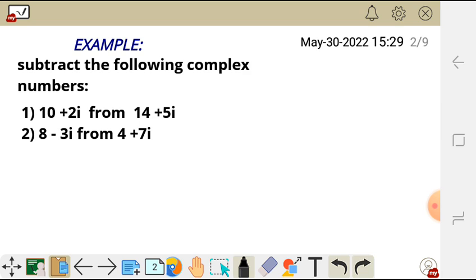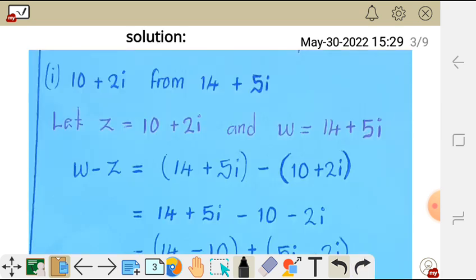So to do that, we first need to use this method, which says you let any letter of your choice, for example, I've used z, be the first complex number, and w be the second complex number.